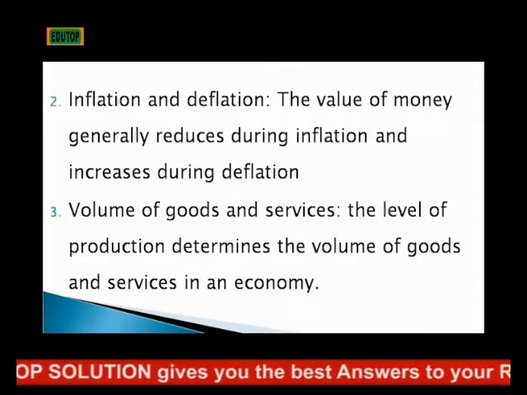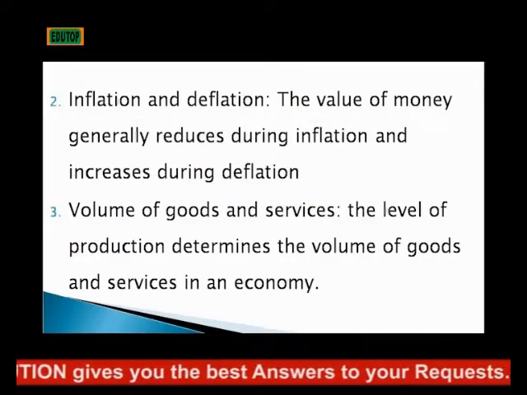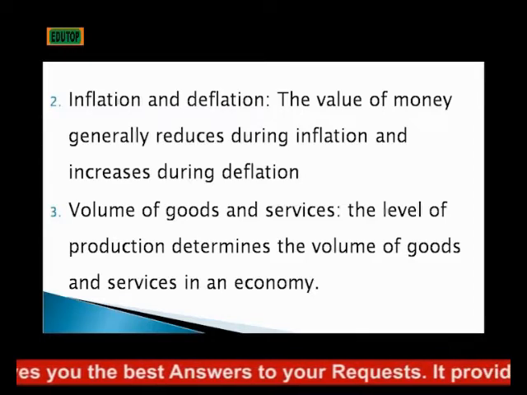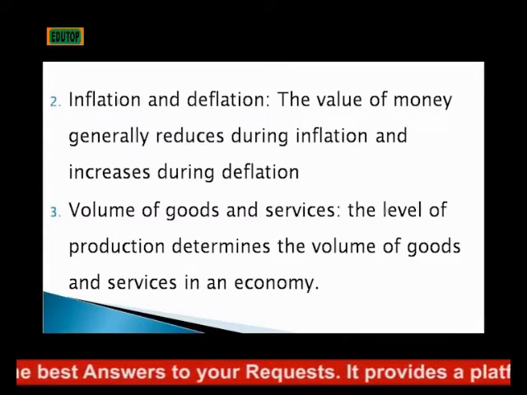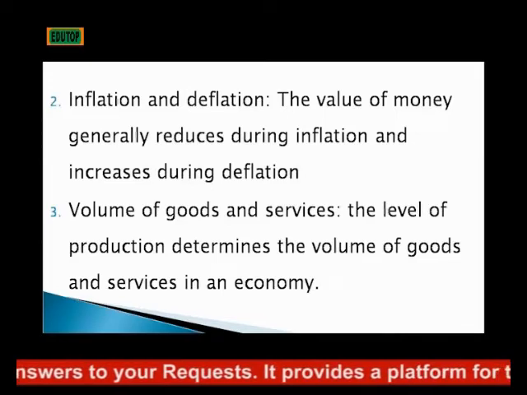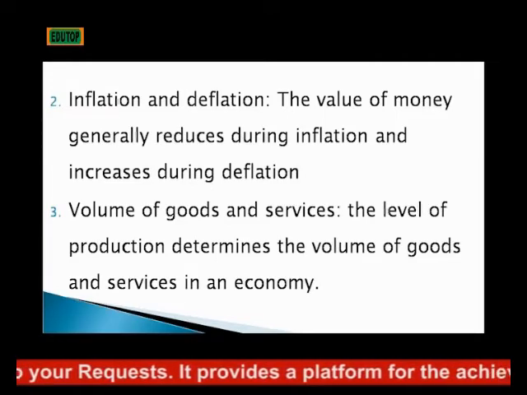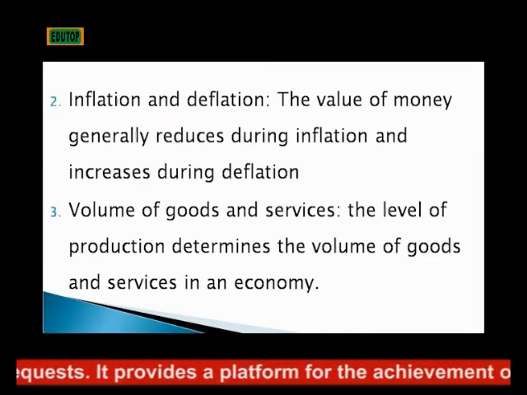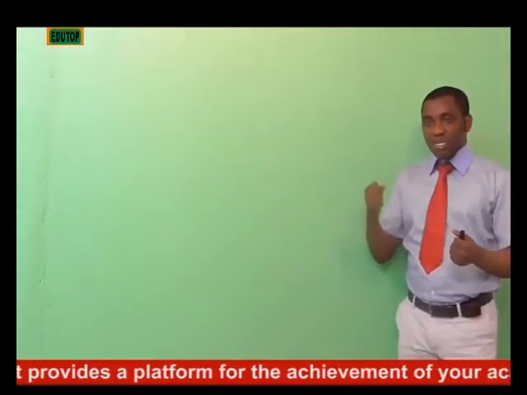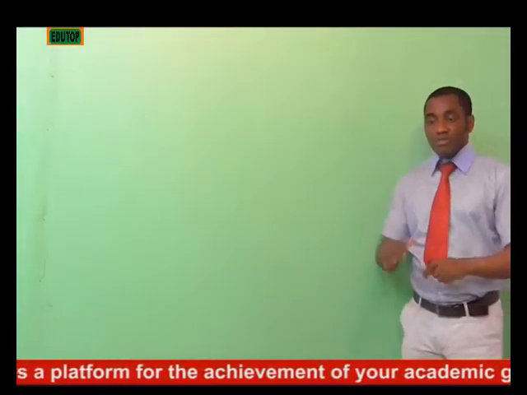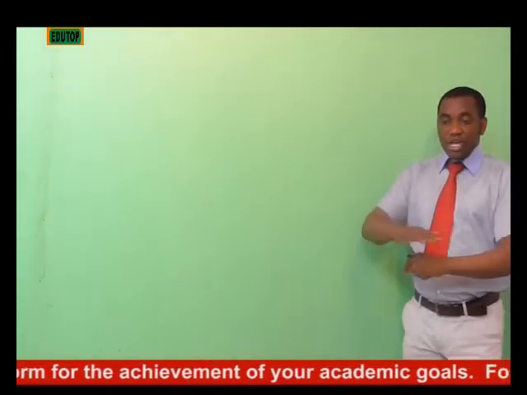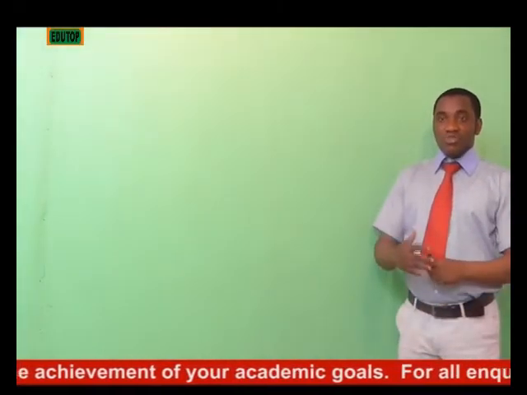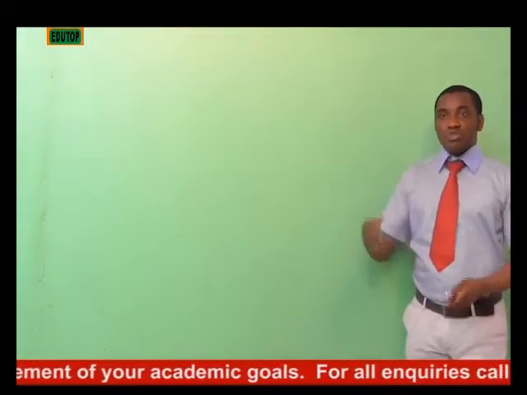And the last one is the volume of goods and services. The level of production determines the volume of goods and services in an economy. If the level of production in an economy is very high, then there will be enough output, enough products available, and that will make money have much value, because there will be much food and many goods that need to be sold and people want to buy.